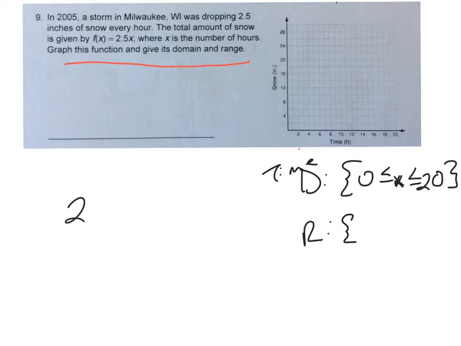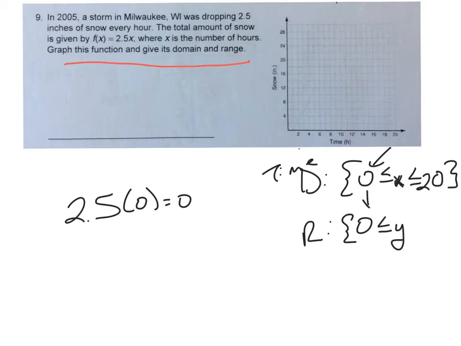Well, if I have 2.5 inches of snow every hour and it snows 0 hours, the only thing I have to do is replace that x with a 0. So 0 hours, 0 snowfall. And I know my snowfall, which is my y value, is going to be greater than or equal to that amount.